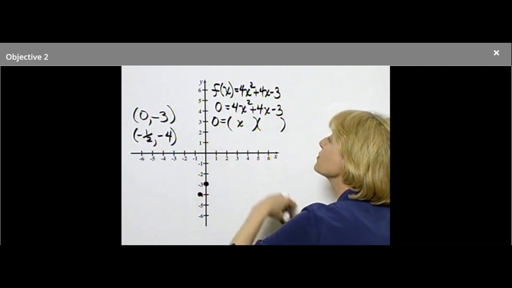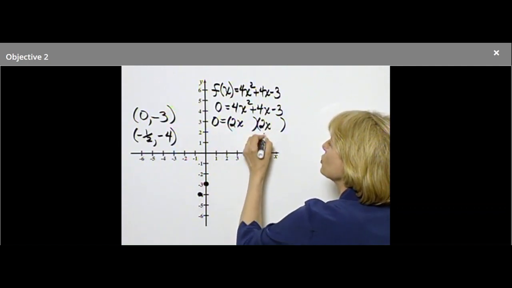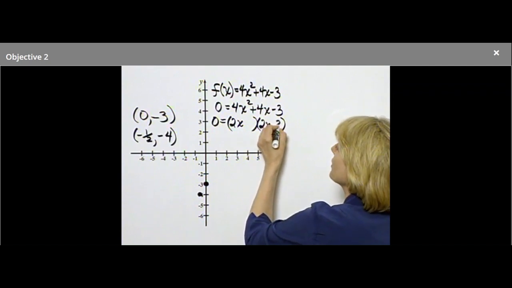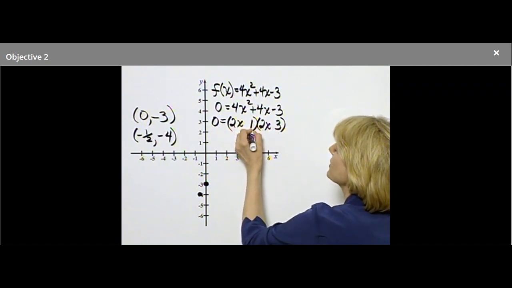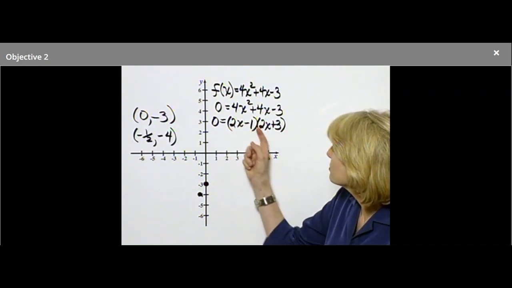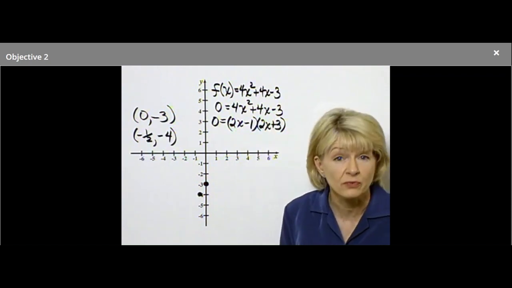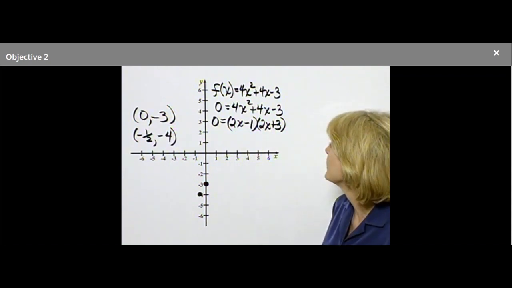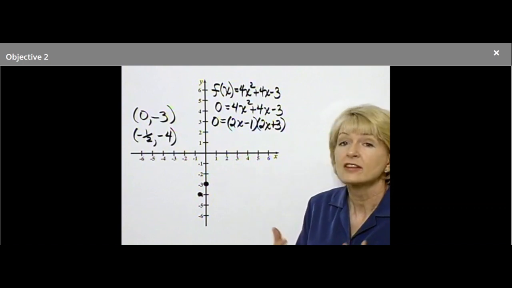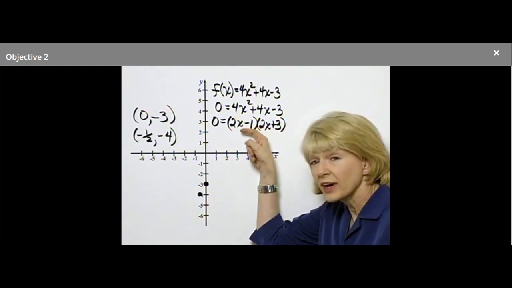Okay, factors of 4x squared. Let's try 2x and 2x. And what if we try 3 and 1? Let's see what that gets us. First times first is 4x squared. That's 6x minus 2x, which is 4x. And last times last is minus 3. So I have factored.